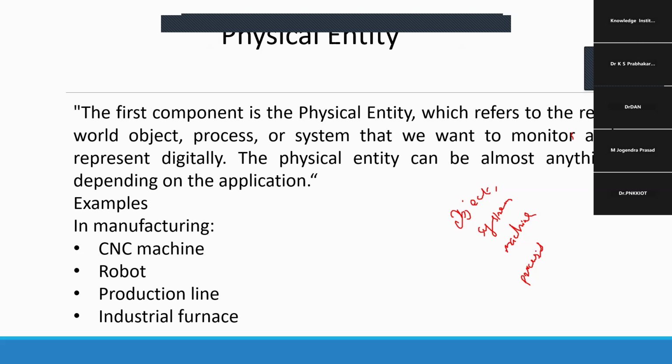So in that way, in many processes, we can take any of these components, whatever you want to monitor, as a physical entity. All these real world activities will occur: it performs the operation, or it consumes energy, or it may generate performance data.